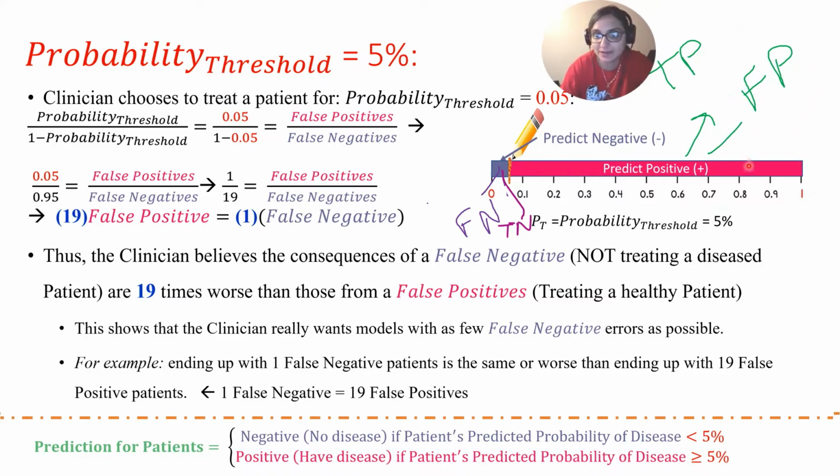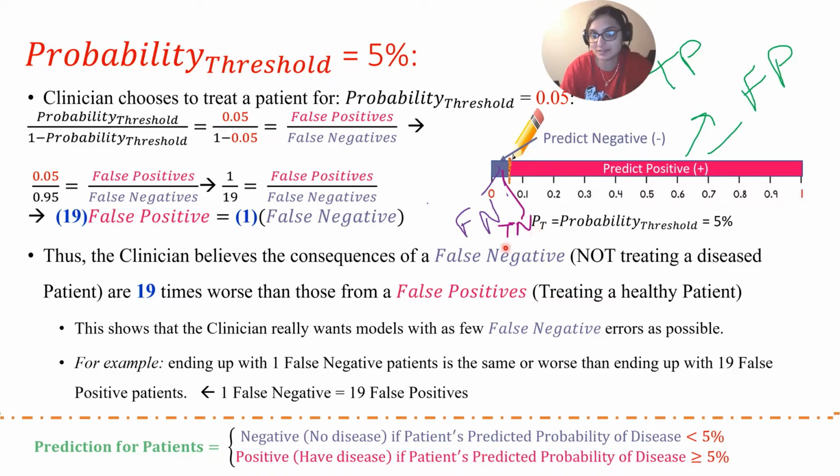So when we're predicting positive, either it's a correct prediction, a true positive, or an incorrect prediction, a false positive. On the other hand, if we're predicting negative, which is what we do if the patient's predicted probability of the disease is less than 5%, we are predicting that the patient does not have the disease. And in this case, either we are correct, so this should be a true negative.